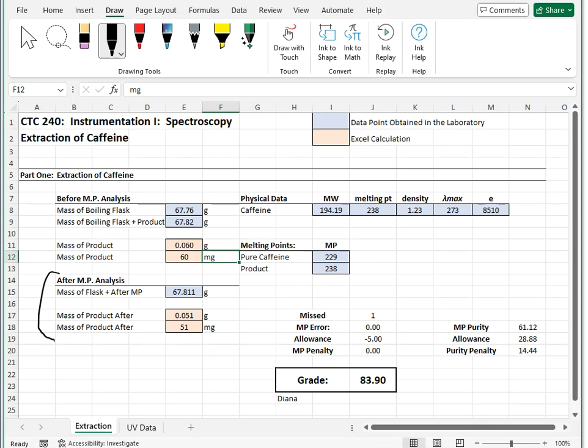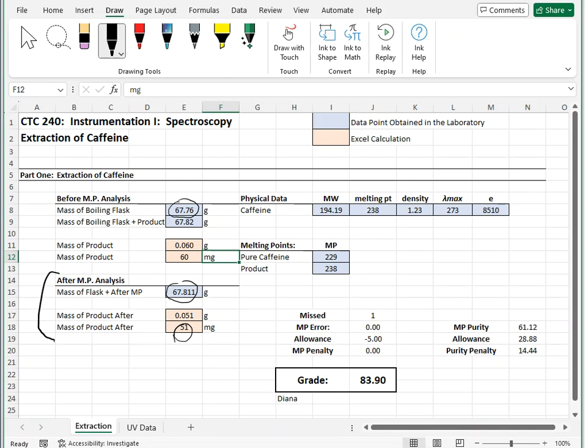If you look at this, the mass of the flask after the melting point was 67.811 for this person. When they took that mass and subtracted it from the original, they end up seeing that their mass went down, and it should. So now they're working with 51 milligrams instead of 60 milligrams.